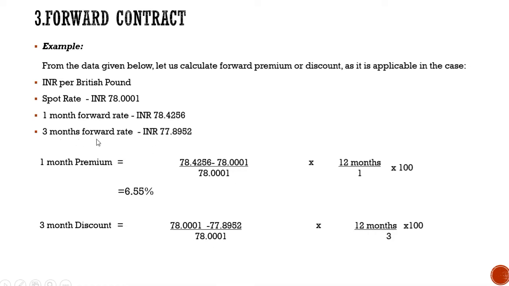Here we have a 3 months forward rate, so we take it as 3, into 100. When we solve, we get the answer as 0.54%. So the currency is at an annualized forward discount of 0.54%. With this, your forward contract topic comes to an end.